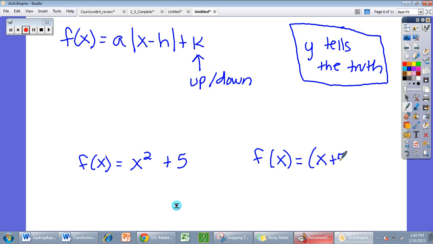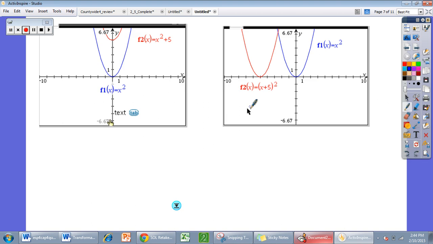Earlier I did this, which told me to go to the left 5 because it was inside by the x, because inside by the x tells me to move right or left. Now it's not next to the x, it's on the outside, so this is actually telling me to move up 5. So let's take a look at that graph. Here's my original parent graph again, crossing at 0, 0, x squared plus 5, 1, 2, 3, 4, 5.